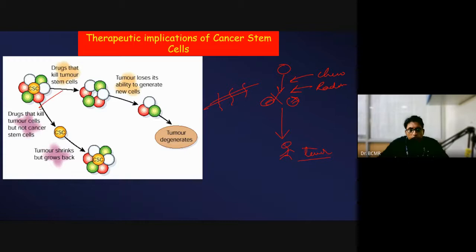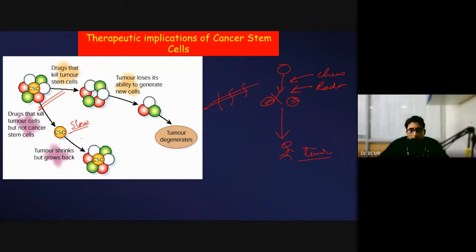So if this is a tumor and we treat with chemotherapy and radiotherapy, we kill the majority of the cells, the rapidly dividing cells, but not the cancer stem cells, because cancer stem cells are actually slow growing compared to the rest of the tissue cell types.